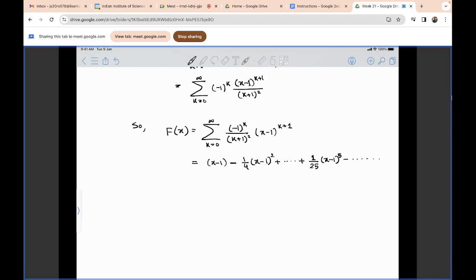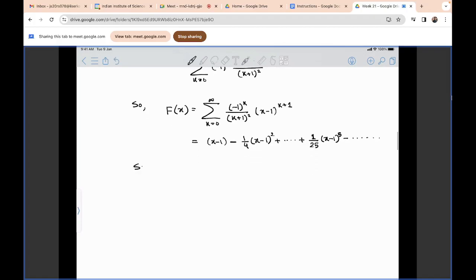Note, this is the Taylor series expansion of f about the point 1.